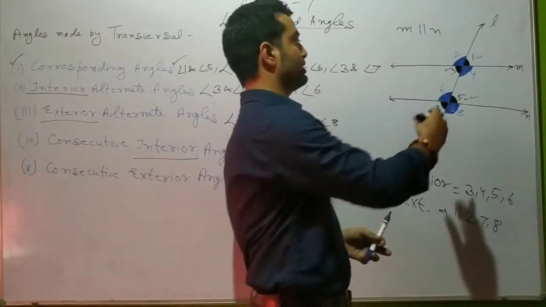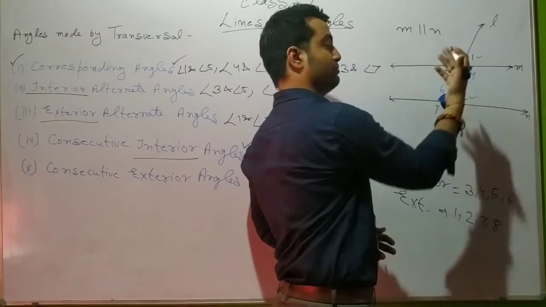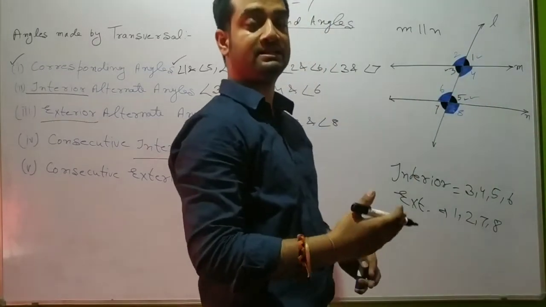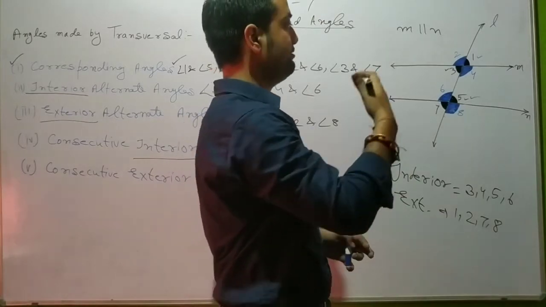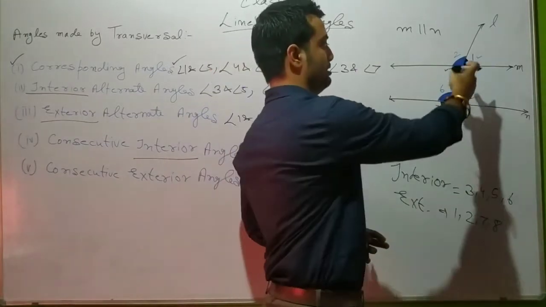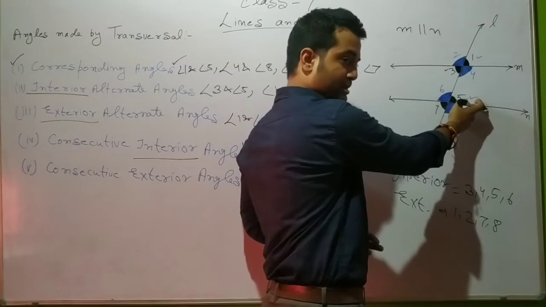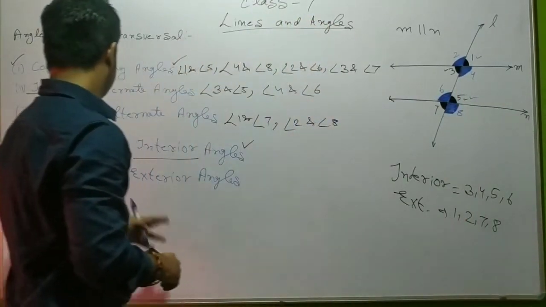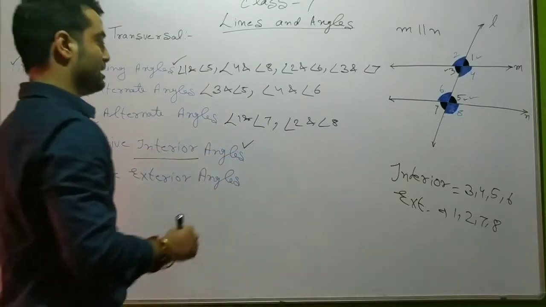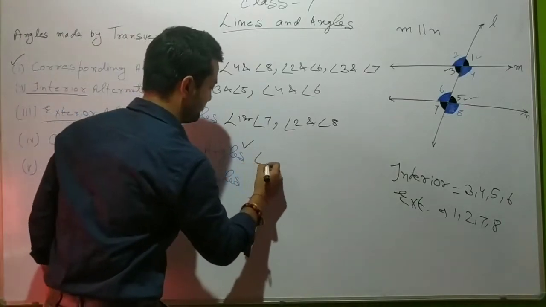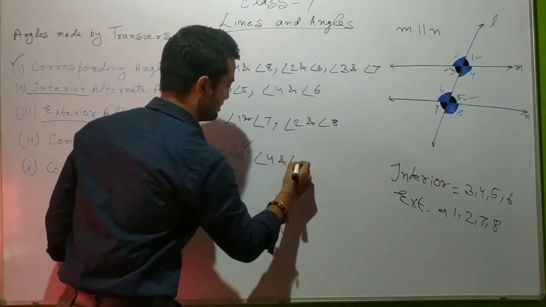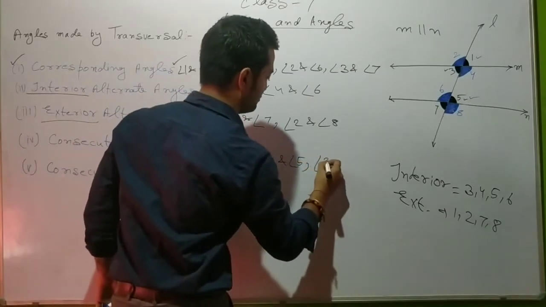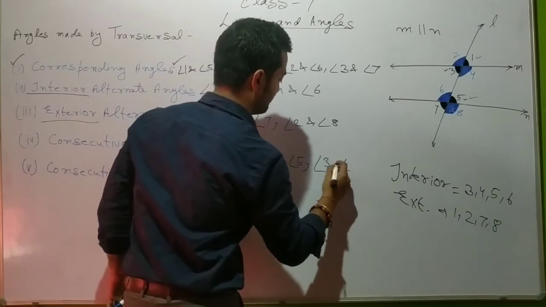So, if you look at the interior, there are 4 angles: 3, 4, 5, 6. Now, which angles lie on the same side with respect to the transversal? 4 and 5 is one pair, 3 and 6 is another pair. So, consecutive interior angles here are angle 4 and angle 5. Another pair is angle 3 and angle 6.